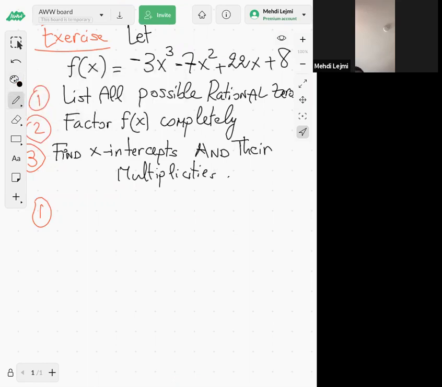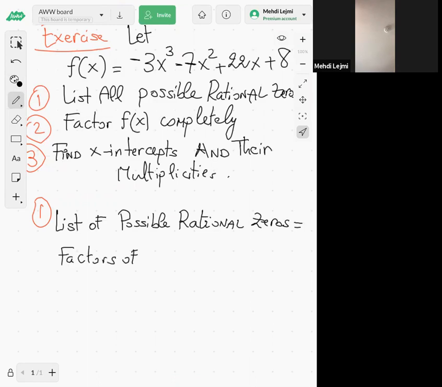So the list of possible rational zeros. We're going to have factors of the constant over factors of the leading coefficient.